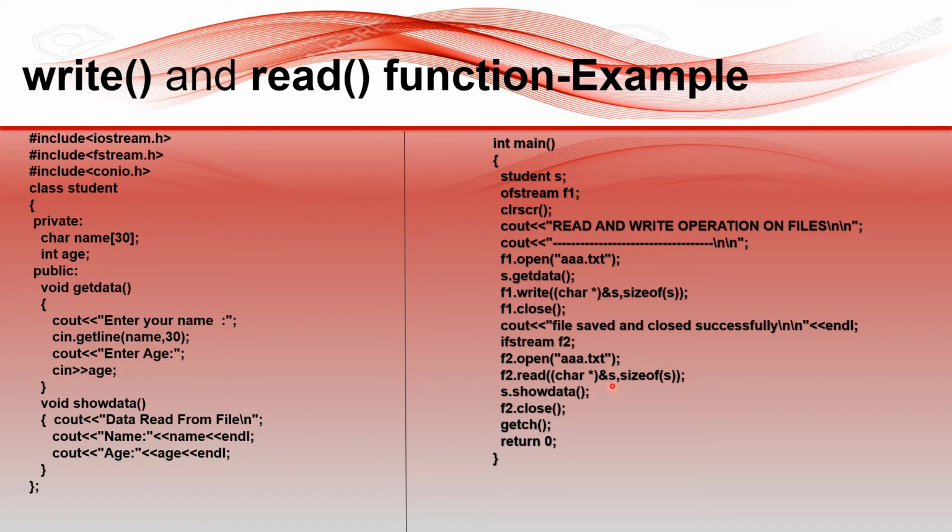So after reading it into the variable S, we are going to display it on the screen using the method showData. So let us explore or execute this program in the C++ environment.